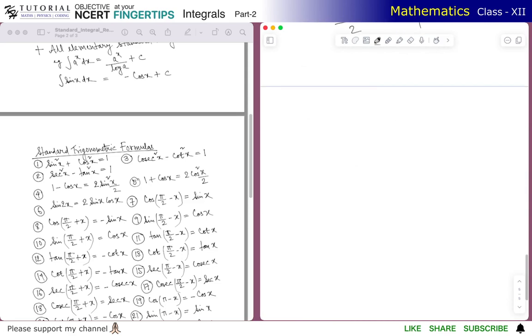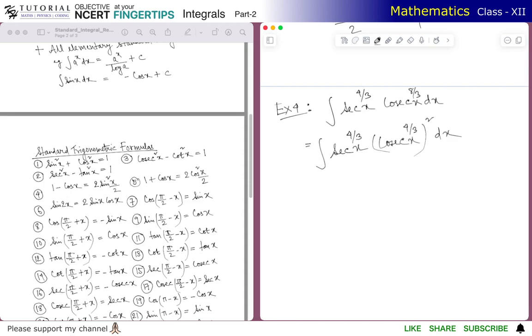Okay, let's do the next problem. Again we have powers of sec x to the power 4 by 3 and cosec x to the power 3 by 2 dx.